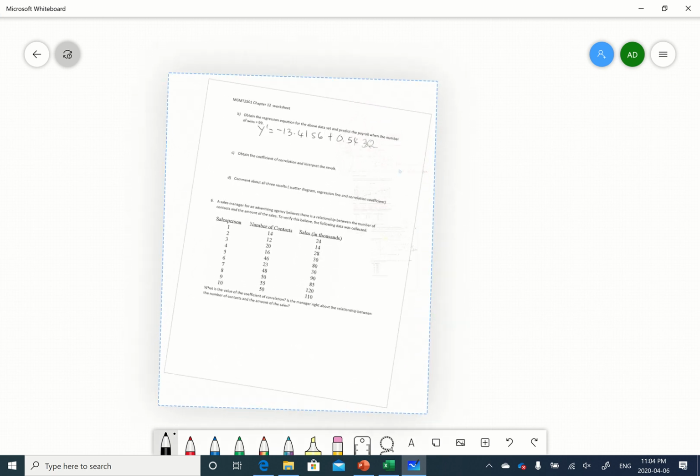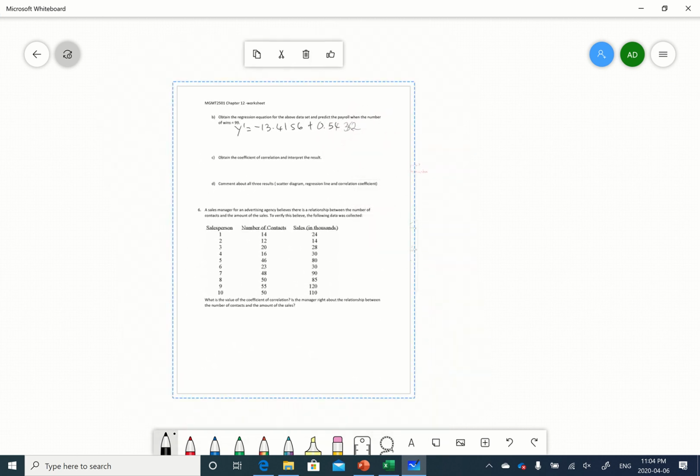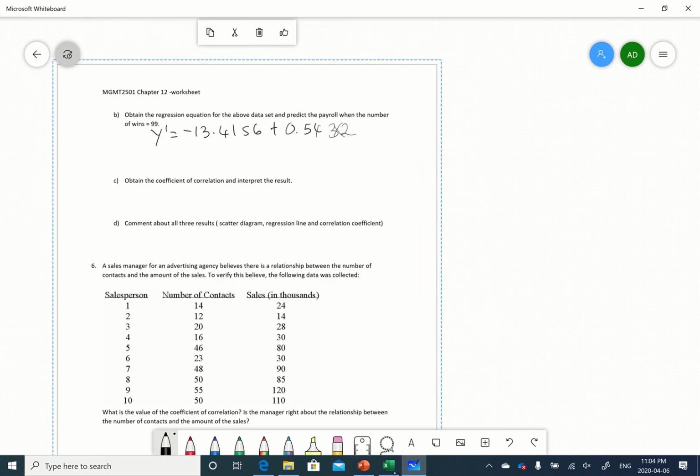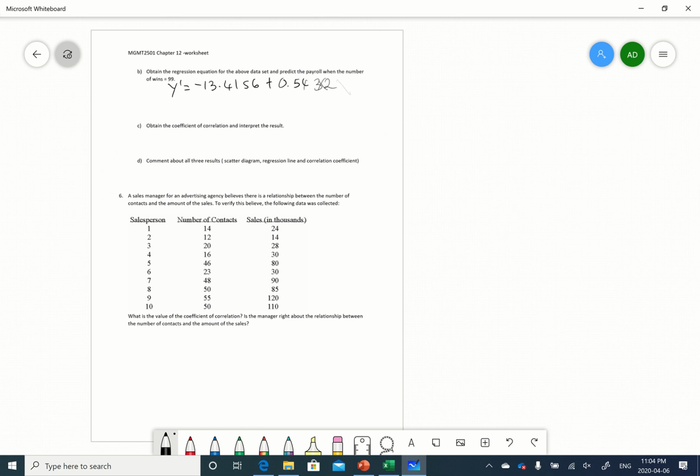Sorry about that. This is giving me a headache. Okay, so 0.5432x, don't forget x over there.